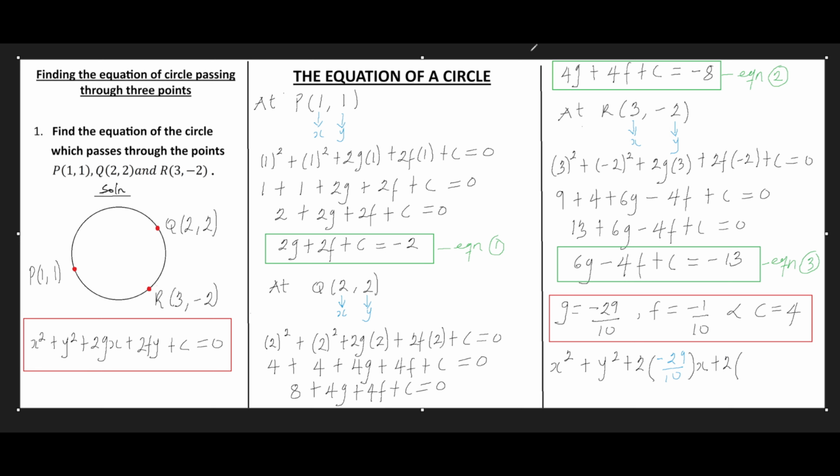So 2, we have our f as minus 1 on 10. And then remember, there's y. Then plus c. Remember, we had c as positive 4. Then this must be equal to 0.